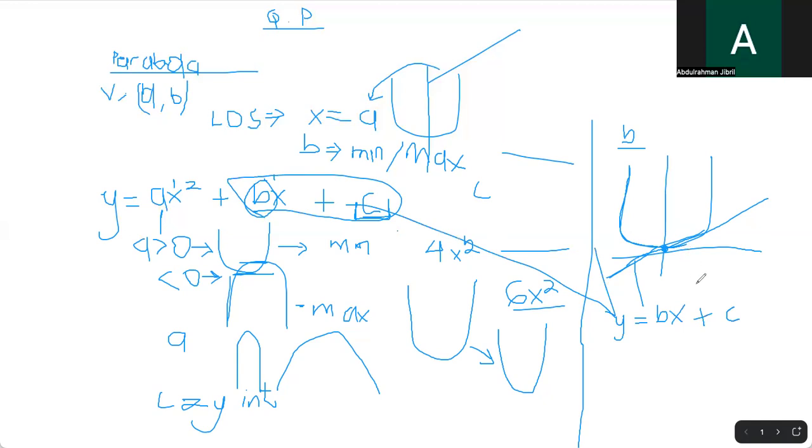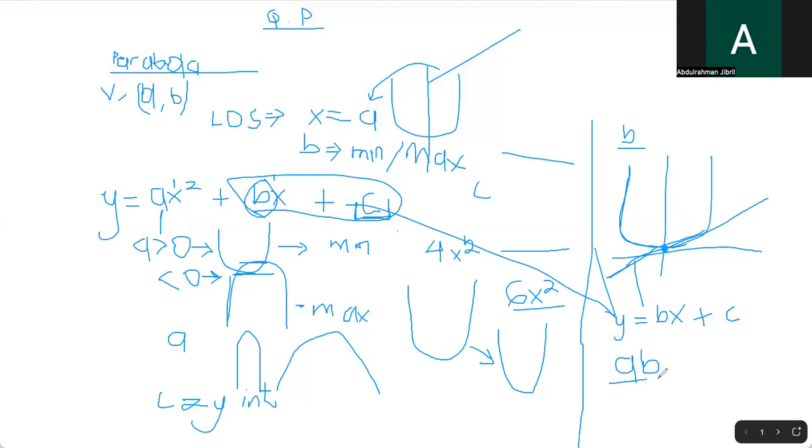Now, the last thing I'm going to talk about has to do with the relevance of the product AB. Okay, the relevance of the product AB. That's the coefficient of x and the coefficient of x squared.